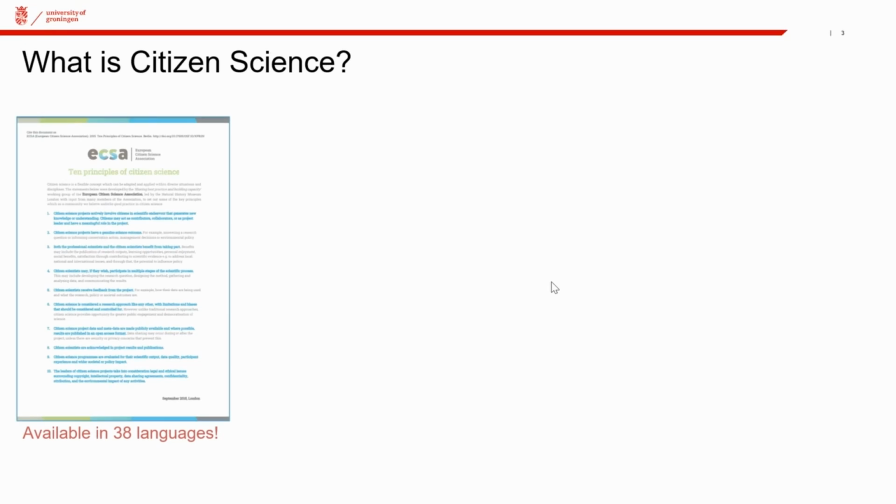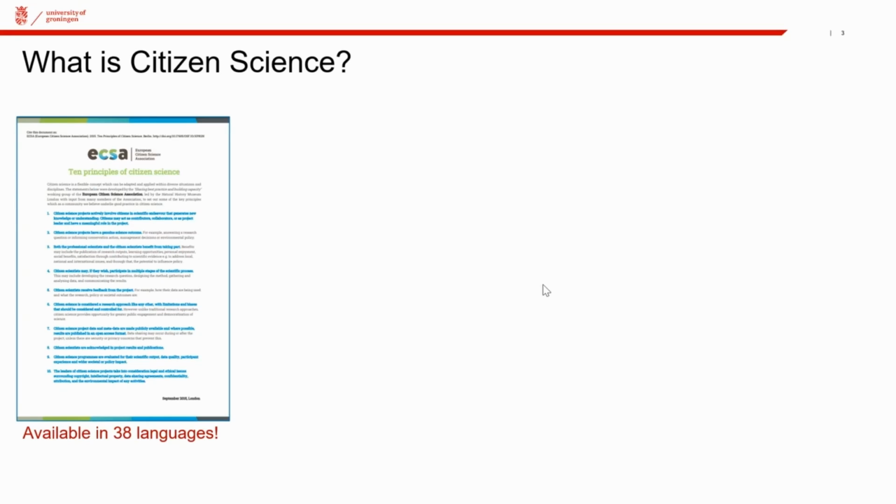Now, to the first point, what is citizen science? There are many different understandings of what the concept means. And I would like to start with something that is widely accepted in the field. These are 10 principles of citizen science provided by ECSA, which define a little bit what the concept means.